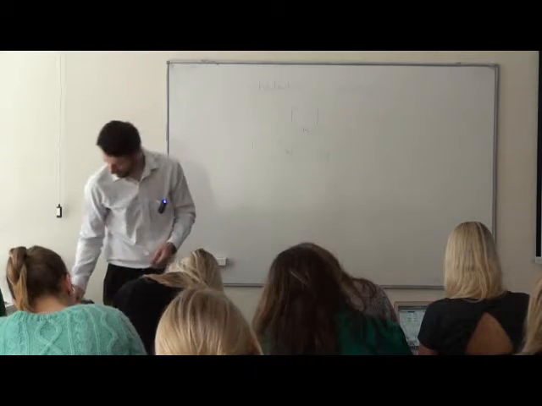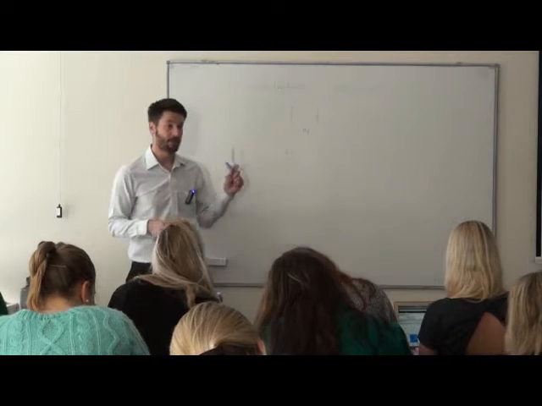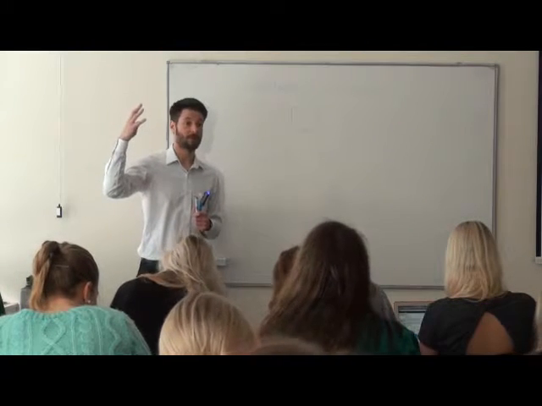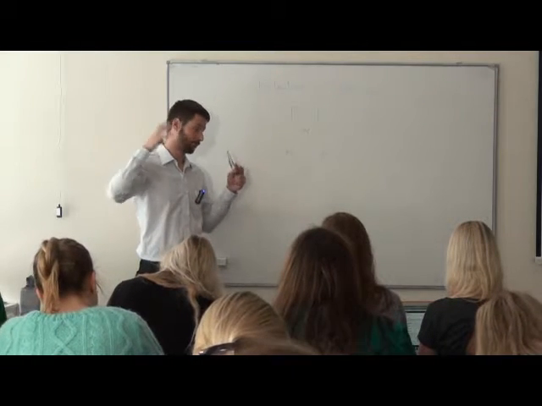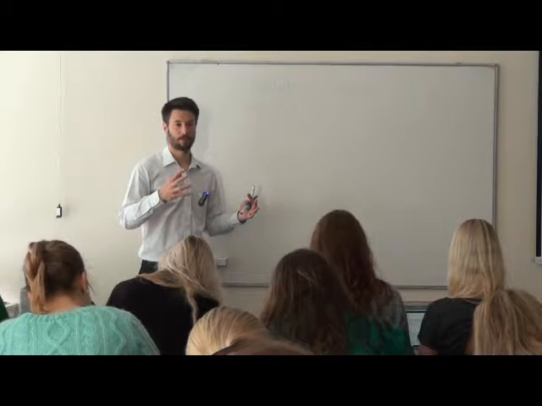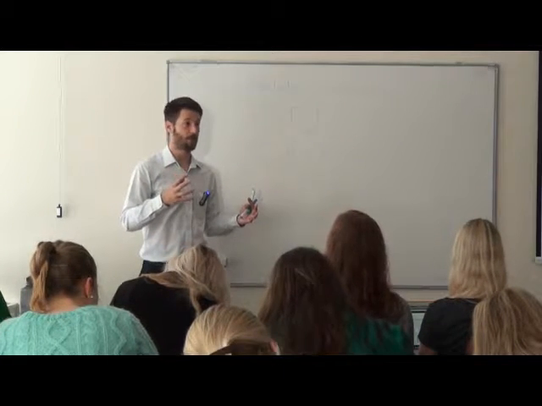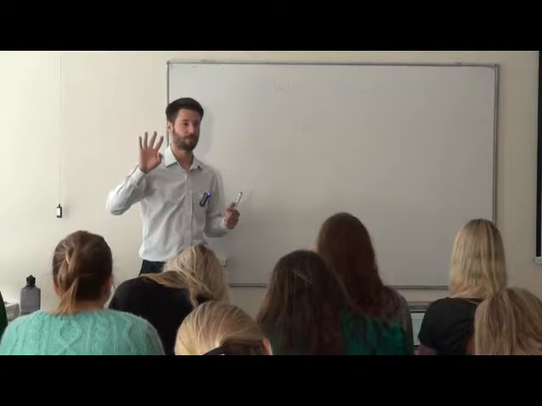Can you all see that? And because there are 4 pyrrole rings in heme, heme belongs to a set of tetrapyrroles. Okay, so heme is a tetrapyrrole. Just means that it has 4 pyrrole rings.